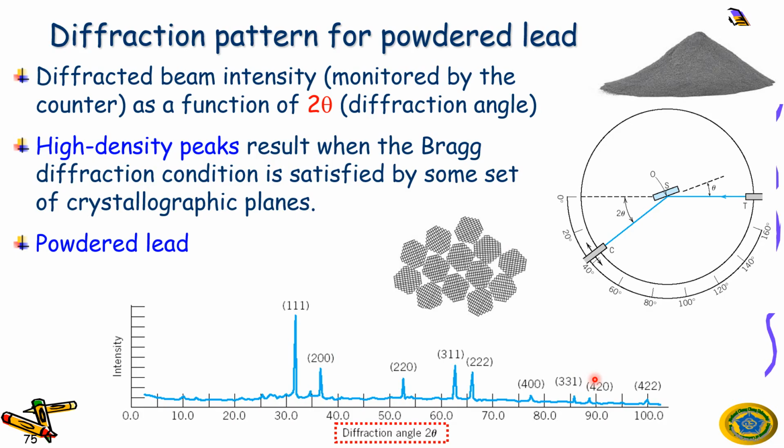The computer will analyze this data and tell you, wow, this unknown material is lead, and this peak is the 110 plane, this peak is the 200 plane. As you know, when you do the scanning, you have more 110 planes on the surface, right? The intensity represents the number. You have more 111, and fewer 200.